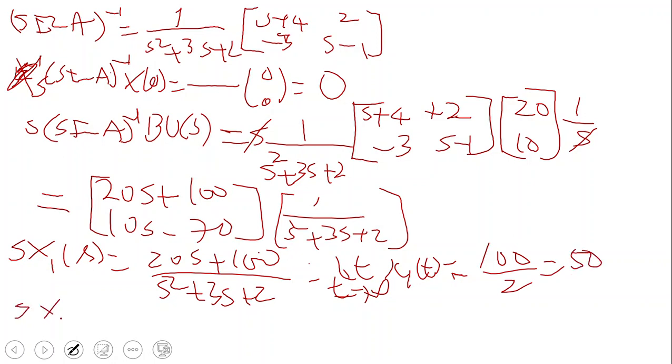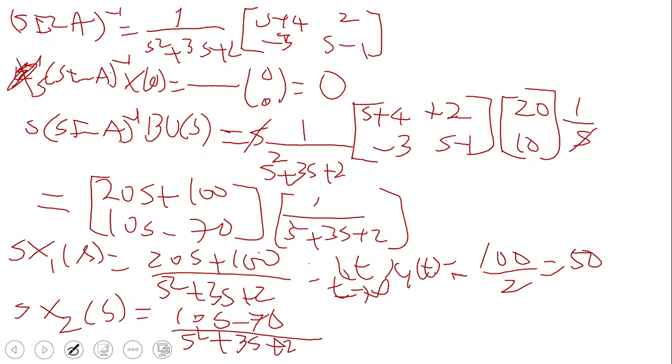Similarly, s x2 of s is (10s minus 70) divided by (s square plus 3s plus 2). Therefore, we need limit t tends to infinity x2 of t.